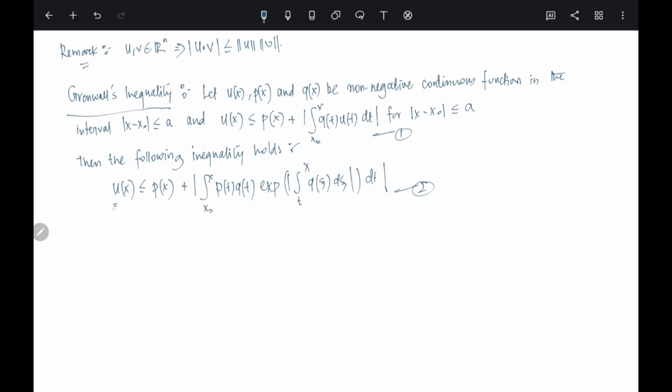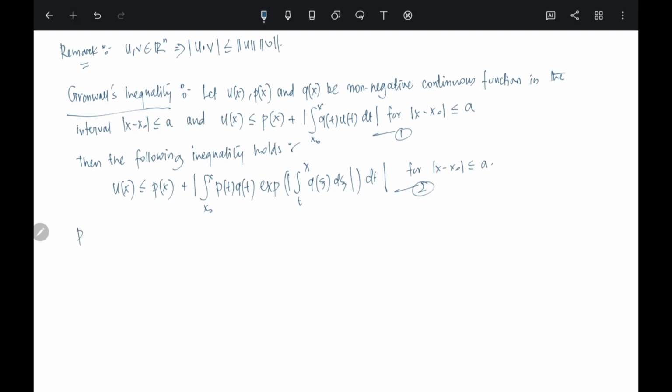The left hand side has u, but in the right hand side there is no u. Okay, so this particular thing holds. This is one of the most fundamental results which we have to learn for this course. Of course this is for |x − x₀| ≤ a, so this holds for all x in this interval.